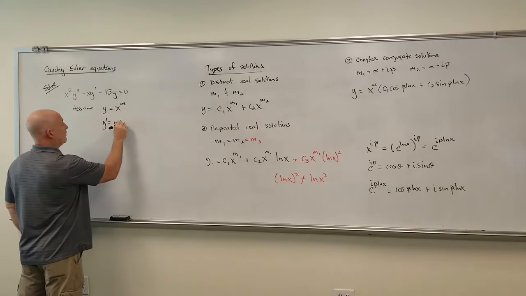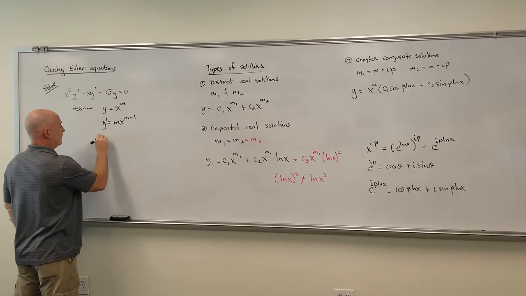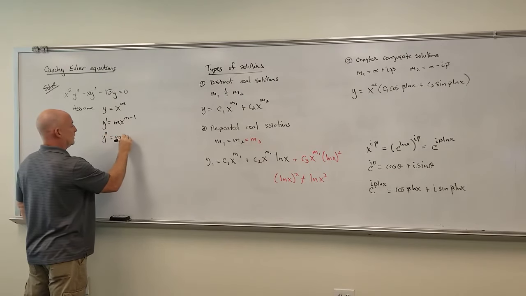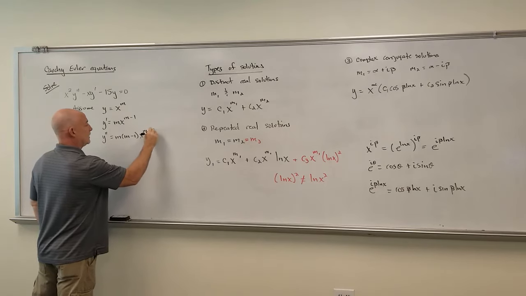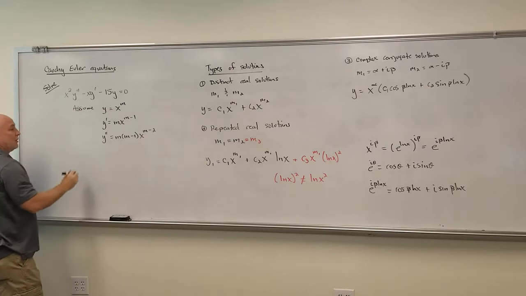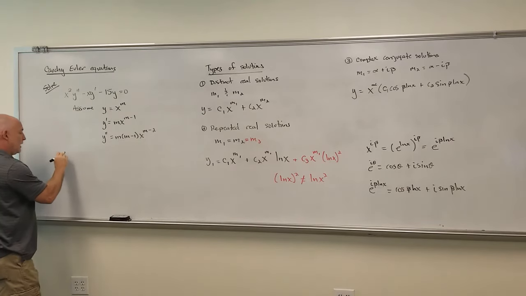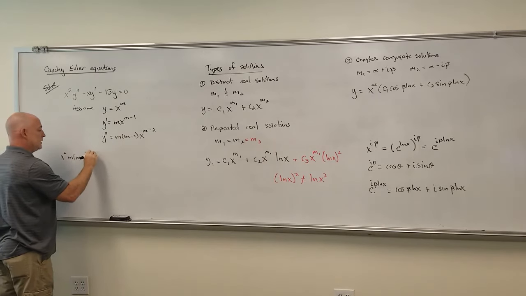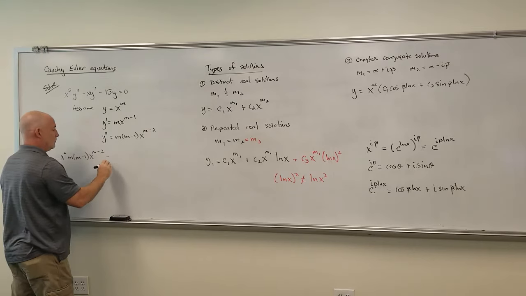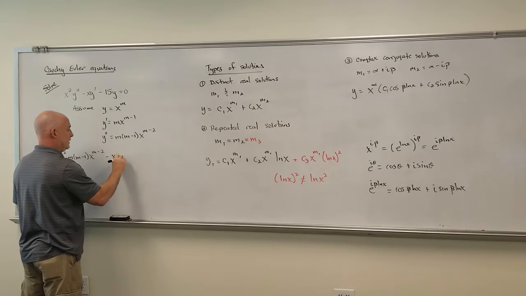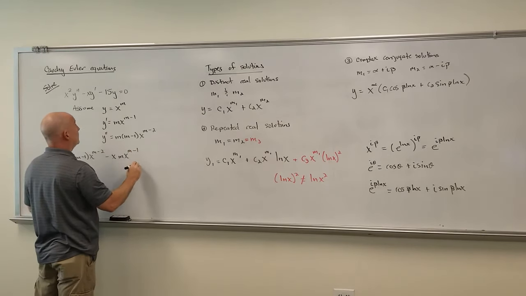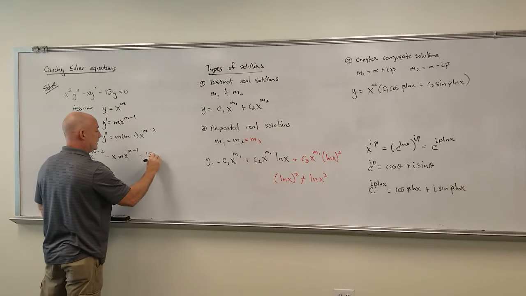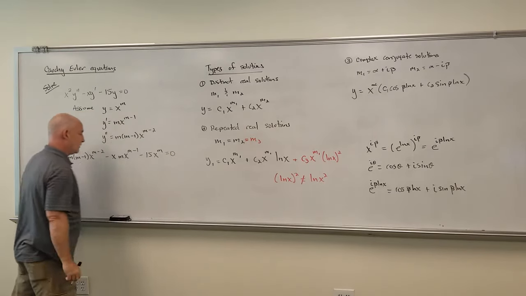So let's take all of our derivatives, y double prime is m times m minus 1 x to the m minus 2, and plug it into our differential equation. So I have x squared times m times m minus 1 x to the m minus 2, minus x times m x to the m minus 1, minus 15 x to the m is equal to 0.